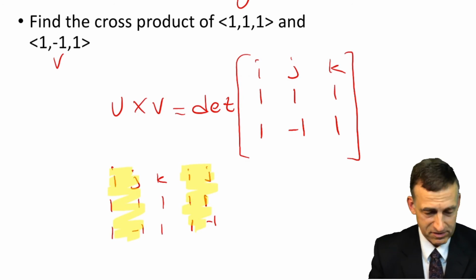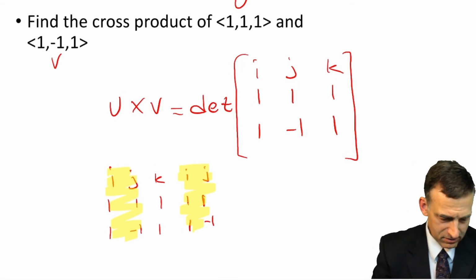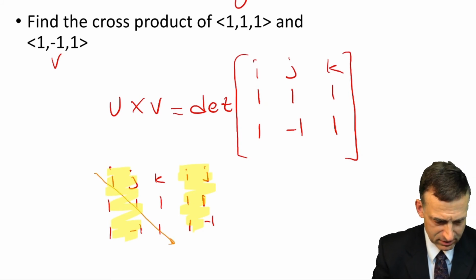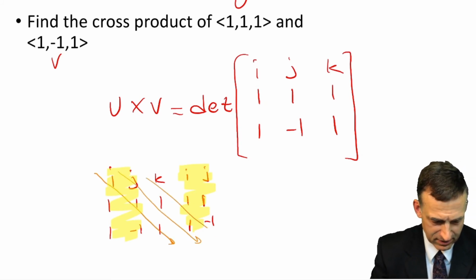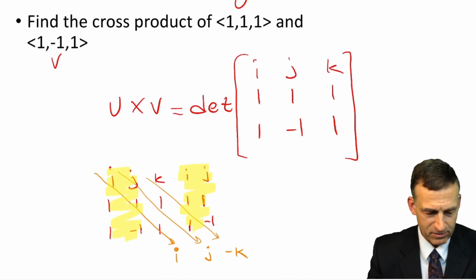That's step one of finding a determinant. Step two is to work out the diagonals. So we have to find all the diagonals, and I'll do this down, down, down. I'm just going to multiply this out. I times 1 is just I. J times 1 is just J. K times 1 times negative 1 is negative K. So those are the down diagonals.